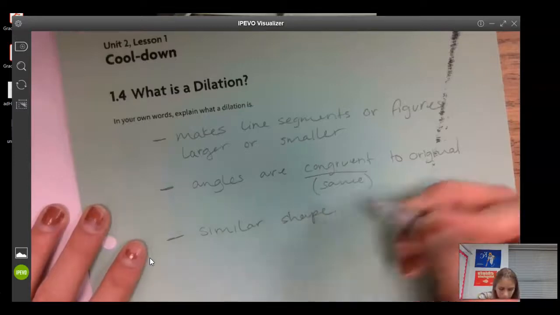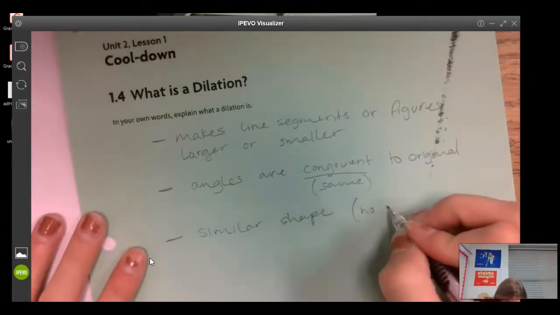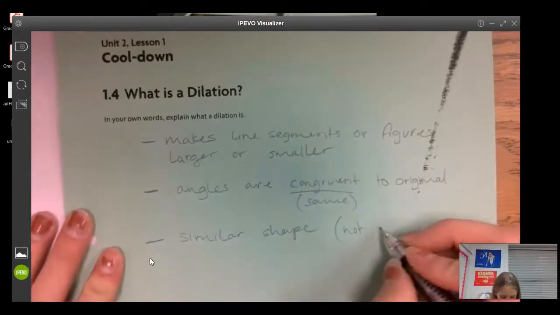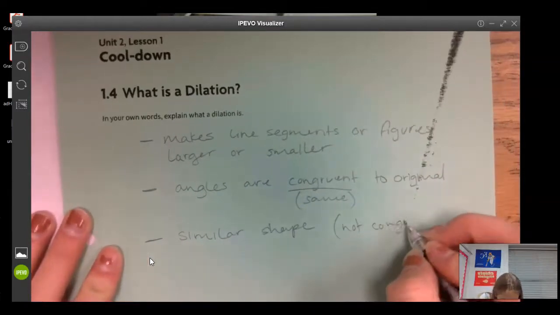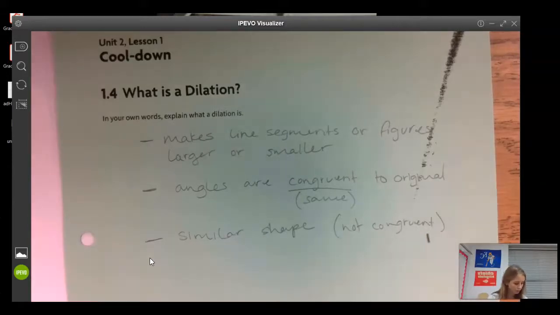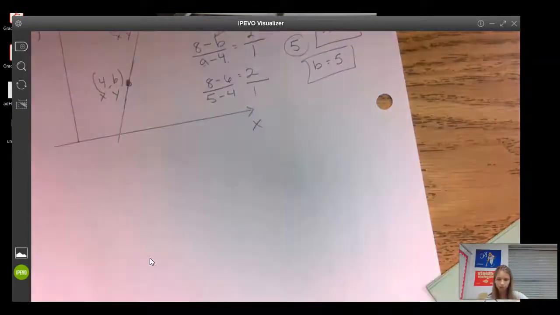So if we dilated a triangle, that dilation would then be a similar shape. It would not be congruent, because congruent means the same. So if we're making it bigger or smaller, it cannot be congruent. Okay, now let's do this next one.